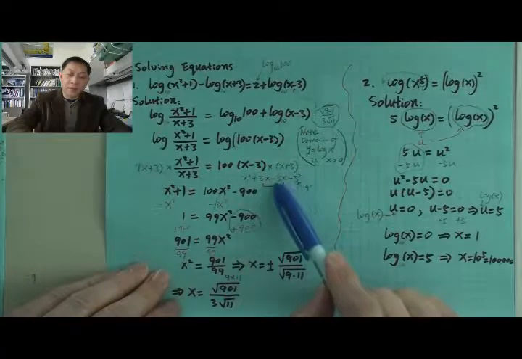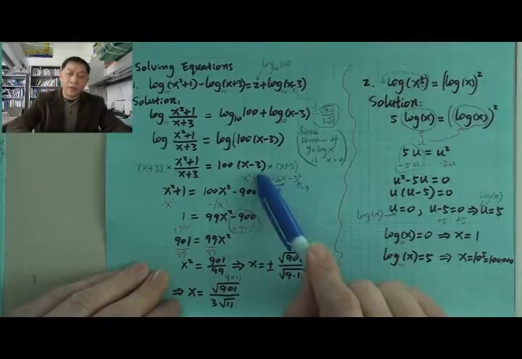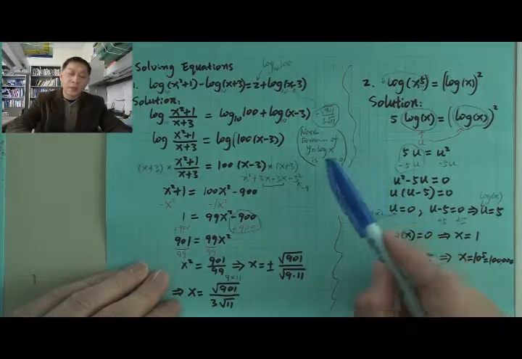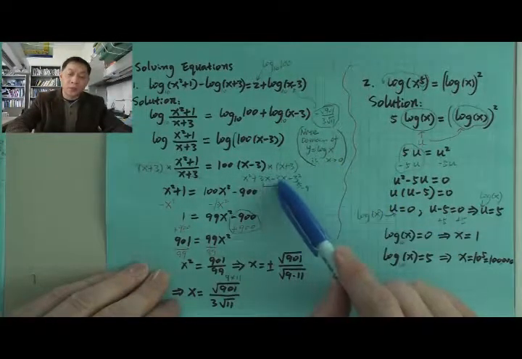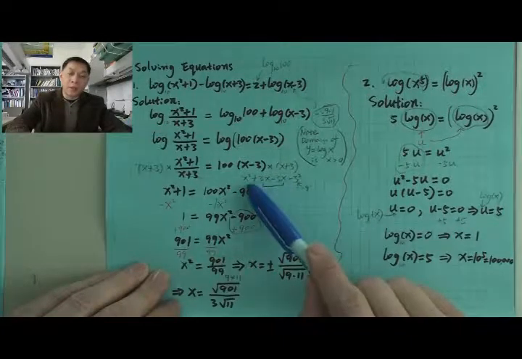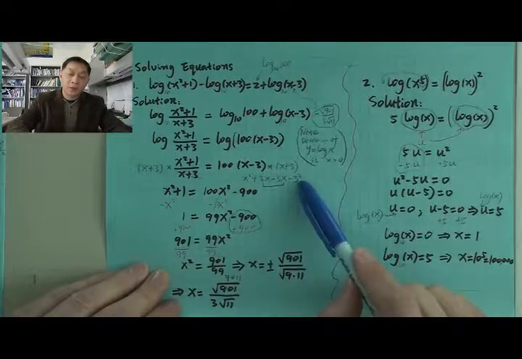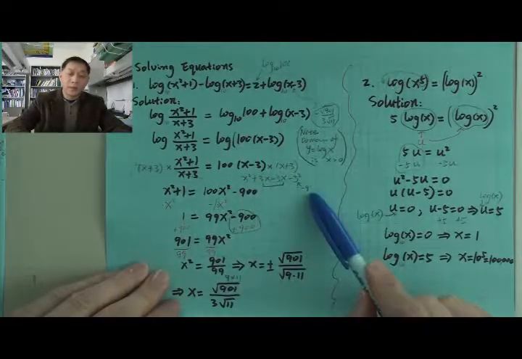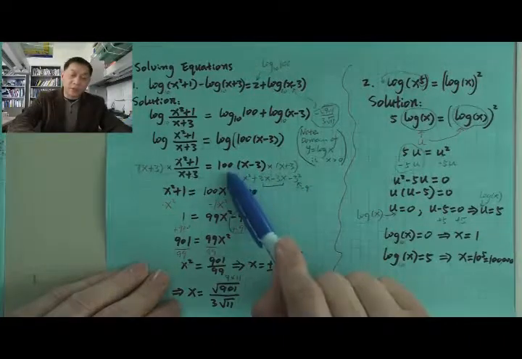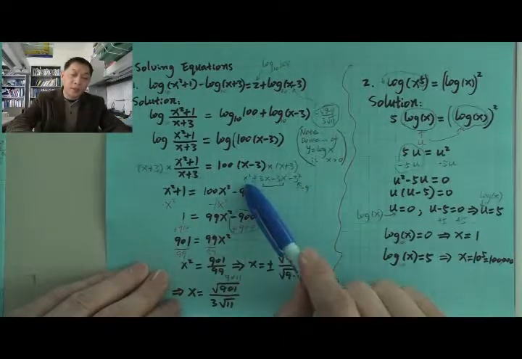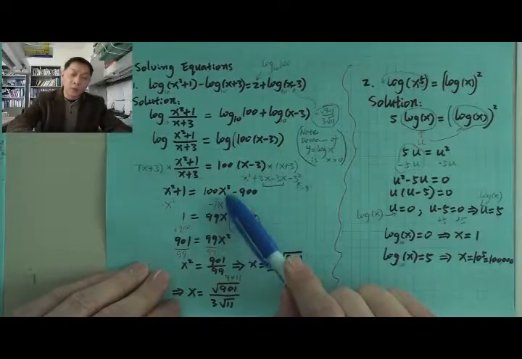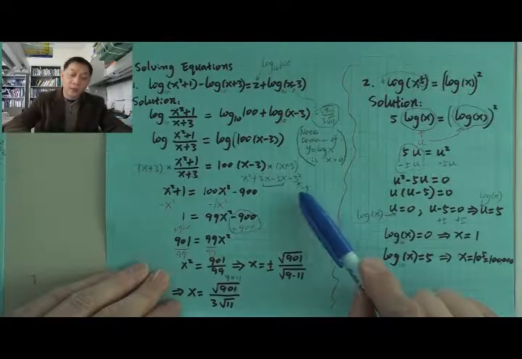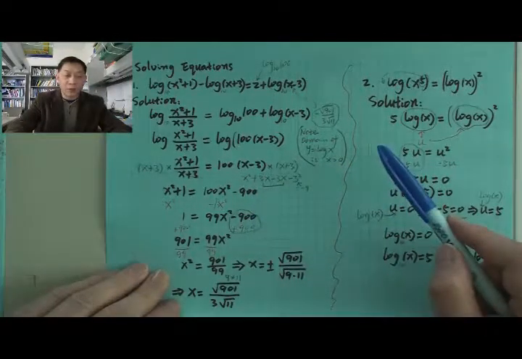Negative 3 times x is negative 3x. And negative 3 times positive 3 is negative 3 squared. You can cancel those two middle terms. That's basically x squared minus 3 squared, which is x squared minus 9. Remember, we have 100 in front of it. So 100 times x squared is 100x squared, and 100 times negative 9 gives you negative 900. That's by the distributive property.